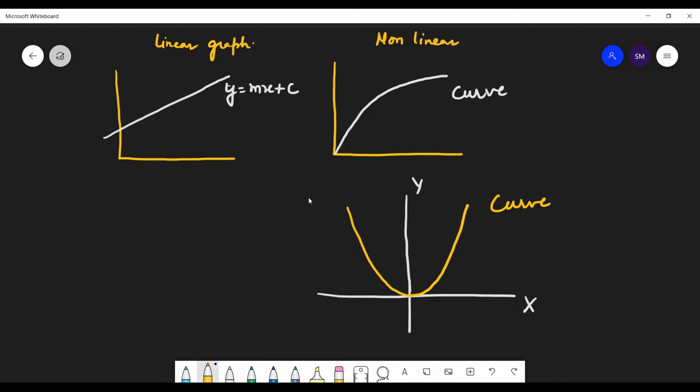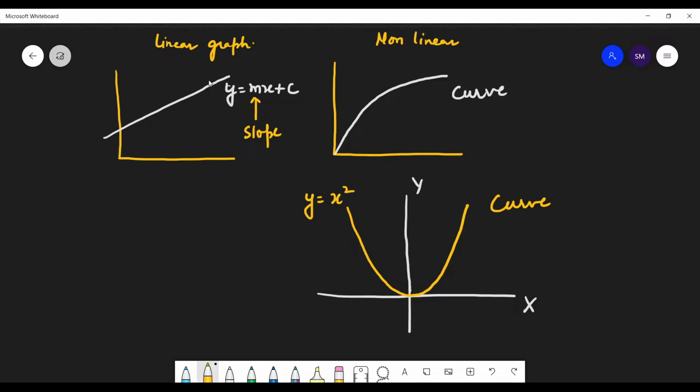Now, we have taken here that this m is the slope of this line. And here we discussed that the slope of curve is changing at every point, whereas the slope of this line is the same throughout.